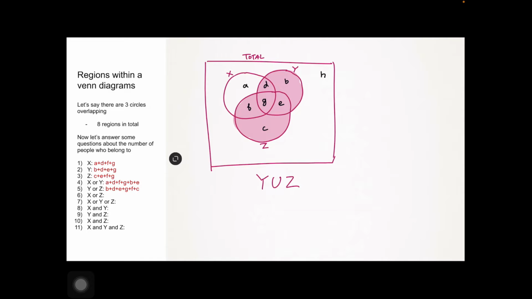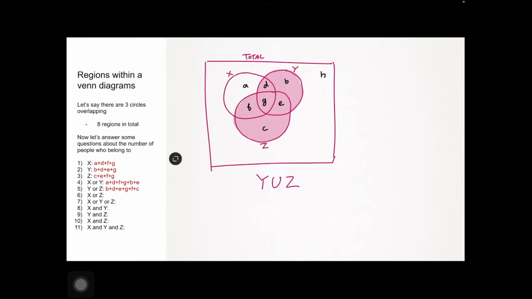C and F, the second condition is satisfied, they belong to Z circle. E and G, these people satisfy both conditions. Therefore, these 6 groups, C plus F plus B plus D plus E plus G, all these people will belong to Y union Z region.